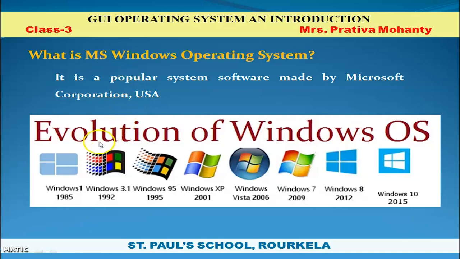Now these are the versions of Windows operating system. What do you mean by version? Version means edition. Like in a book you have different editions, first edition, second edition, third edition.